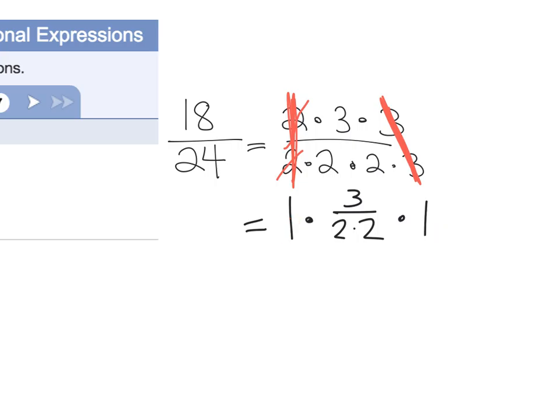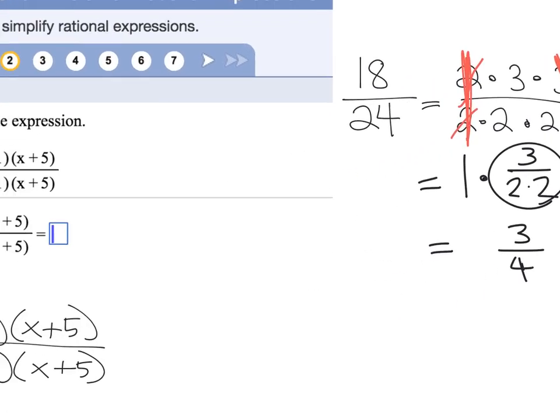It doesn't change the value. So really, the answer is just 3 over 4. We look for common factors in the numerator and the denominator, and we cancel them out because they equal 1. And when you're multiplying by 1, that doesn't change the value at all. That's basically what's going on.